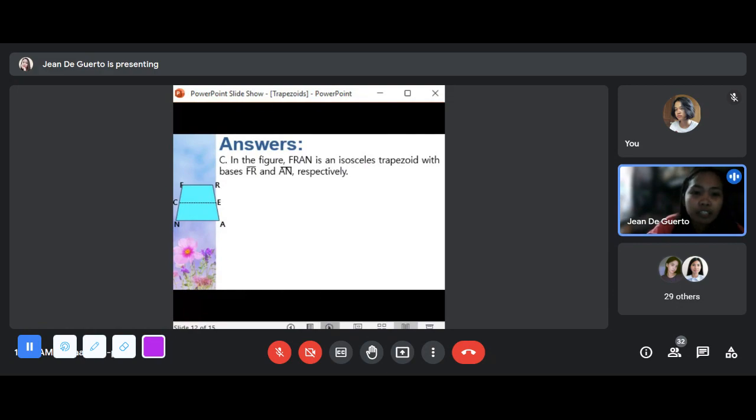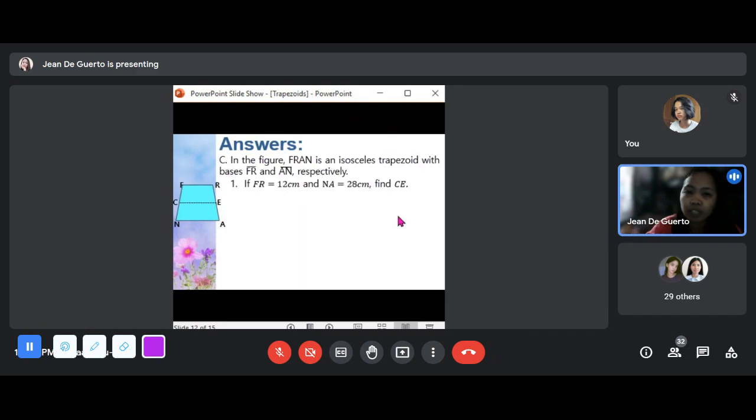Yes. Okay, so let us have number 1. If FR is 12 centimeters and NA is equal to 28 centimeters, find CE. So yung median natin, median of a trapezoid has a formula of base 1 plus base 2 divided by 2.